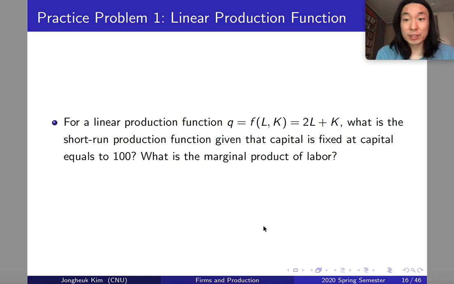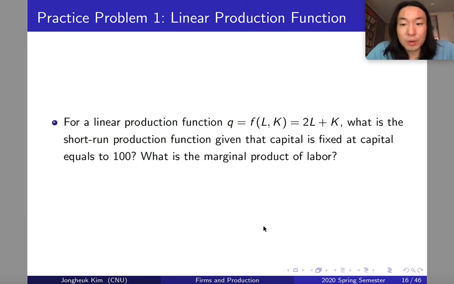And this technology is now fully given. It is clearly informed to us, which equals 2 times L plus K. Since L and K have no polynomial terms, L and K are two linear functions, and the summation of two linear functions is a linear function, so your total production function is a linear function. Okay.